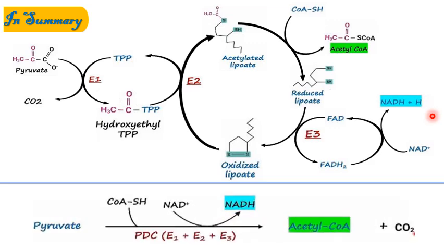So in the overall reaction, we are saying that pyruvate, in the presence of CoASH, the pyruvate dehydrogenase complex, which is E1 plus E2 plus E3, and NAD+, gives you NADH plus acetyl-CoA plus CO2. Please note this schematic diagram very well.